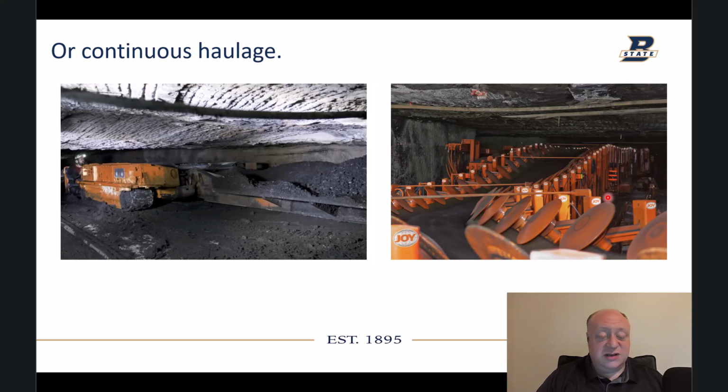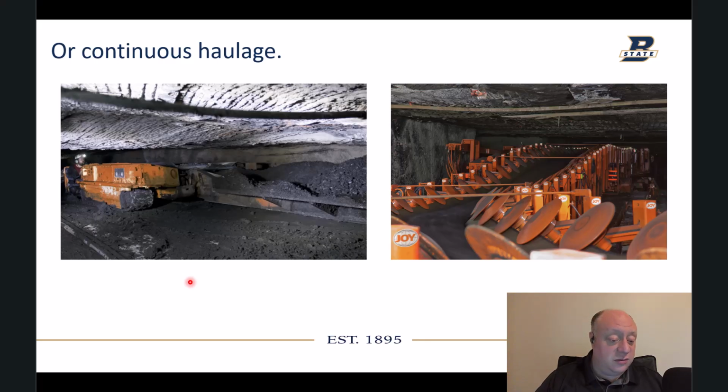Or, like I said, you might see continuous haulage, or what I sometimes refer to as the Kentucky longwall. These systems have been popular in the past. In southern West Virginia, they've gone sort of out of favor. They're more difficult to run. You need people that are experienced in running them.